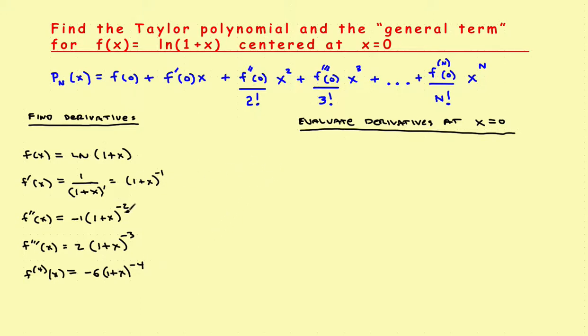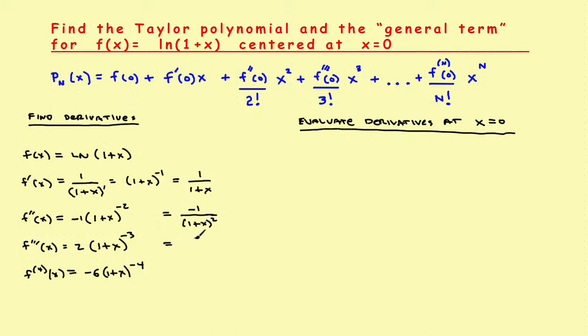Now you want to evaluate these derivatives, but another suggestion is it's awkward to evaluate it in this form, so my suggestion is go ahead now and get rid of the negative exponent and put it back in this form again, just because it's going to make it easier to evaluate. So this would become 1 over 1 plus x. Then this one would become, you've got a negative 1 on the top, and it's going to be 1 plus x squared.